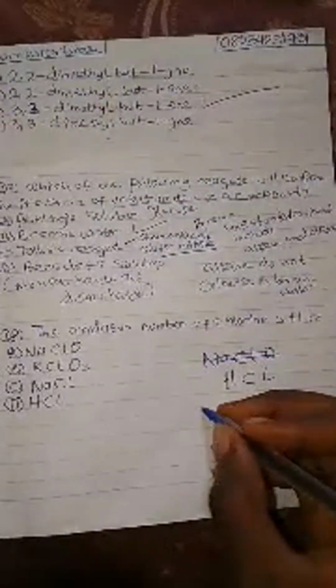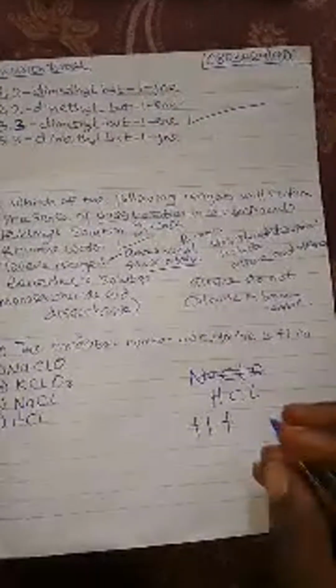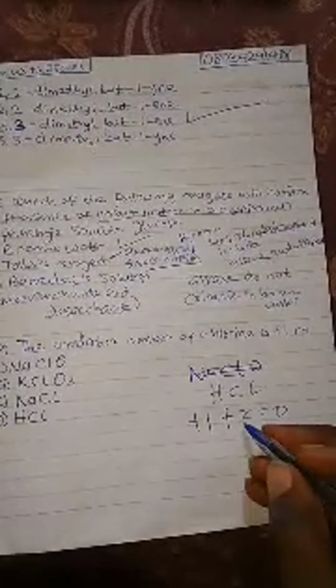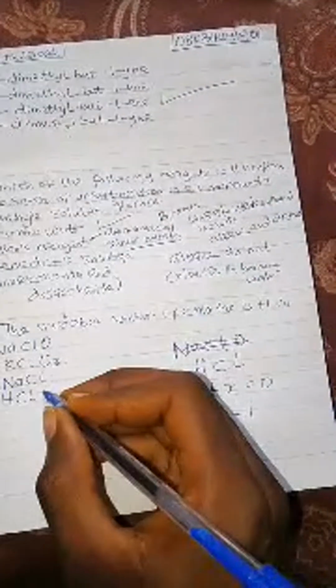The oxidation number of hydrogen is +1 plus we are looking for the oxidation number of chlorine, so let's represent it as x equals 0. So by making x the subject of the formula, +1 will come to the other side, which will turn to -1. So x equals -1.